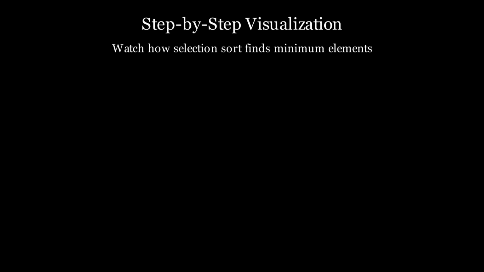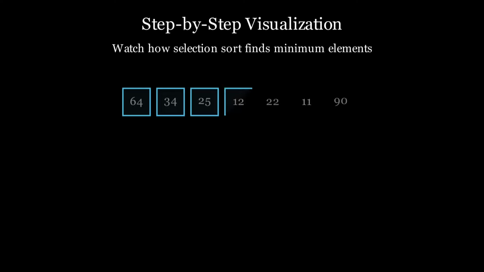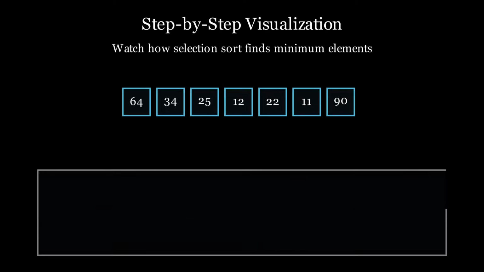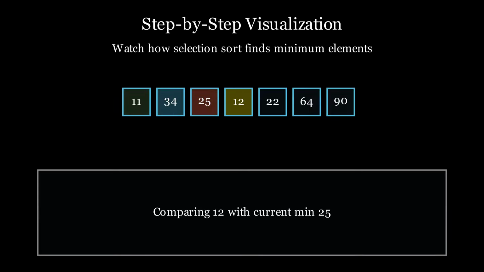Now let's illustrate the selection sort process with our sample array through detailed analysis of each pass. The algorithm starts at index 0, assuming the 64 is the minimum, and it scans the array, updating the min index to 5. That is, it finds 11 at index 5 and updates the min index, swapping the 64 and 11.